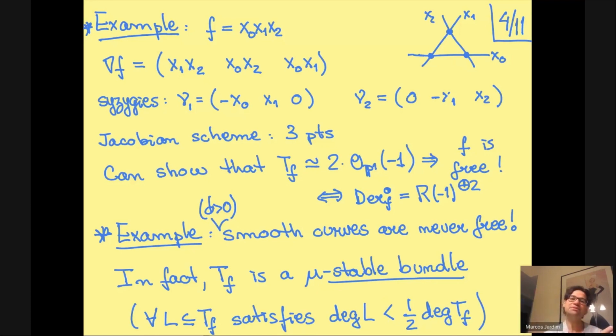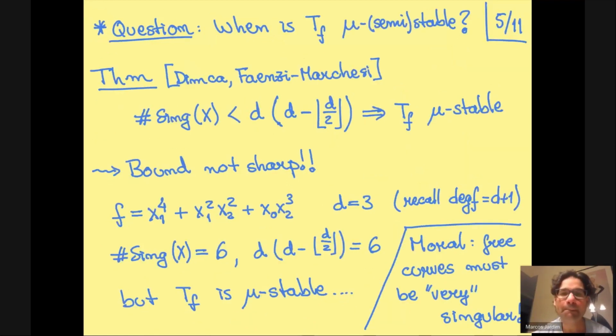So stability is in some sense opposite to freeness. This means that, as a moral, free curves must be somehow very singular. A free curve must have lots of singularities in some sense, lots with regards to this inequality. Excuse me.